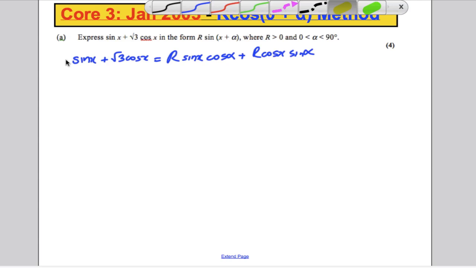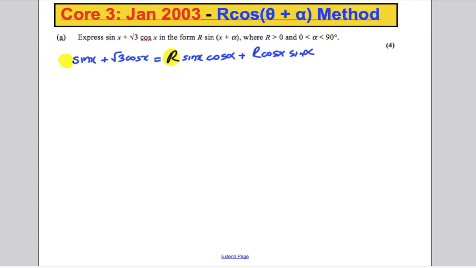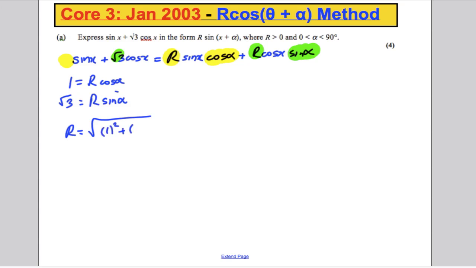Okay, as always, there's a number here that's 1. 1 must be equal to r cos alpha, and root 3 must equal r sine alpha. As always, r is going to be the square root of 1 squared plus root 3 squared, so r will be 2, and clearly tan alpha will be root 3.